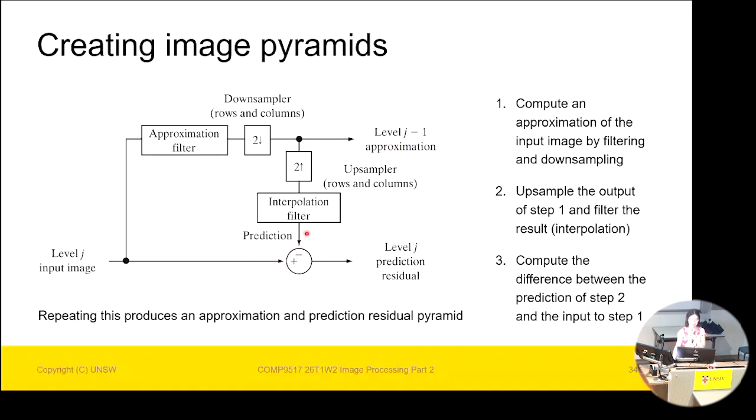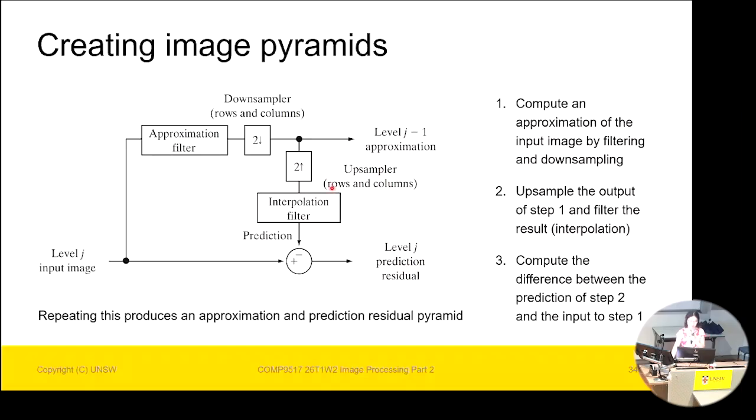Then we just subtract the two images, and then you get the residue. When doing the upsampling, we can also apply some filter to make the effect better. And so that's the residue.